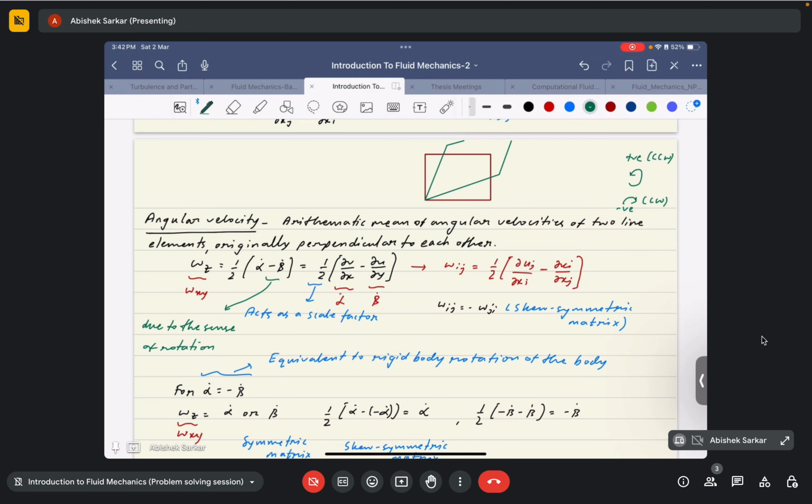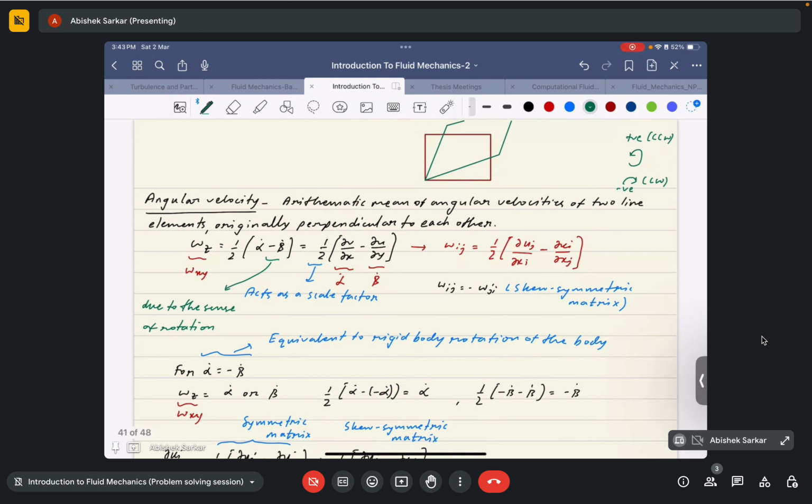Just to fit in with the general trend of notation, I like to use such conventions. Similar sign conventions can be seen in thermodynamics as well, for the direction of heat transfer, that many people use in a different way, but all are acceptable. You just need to know the concept properly.